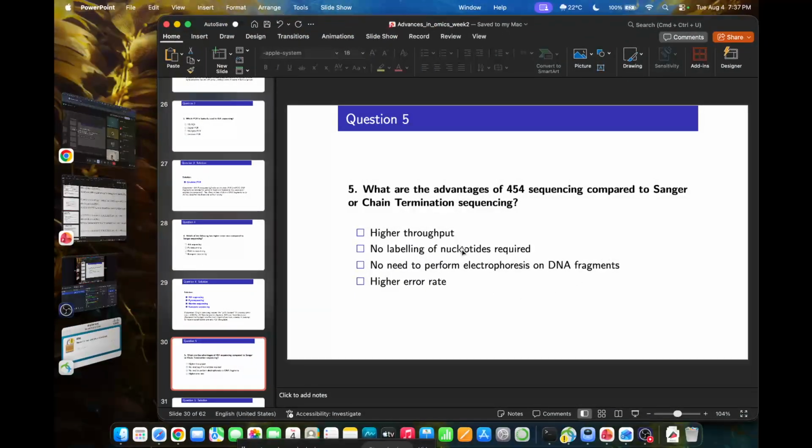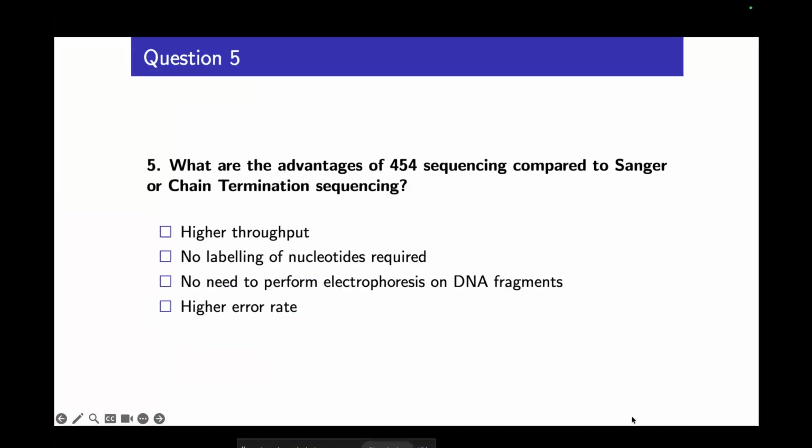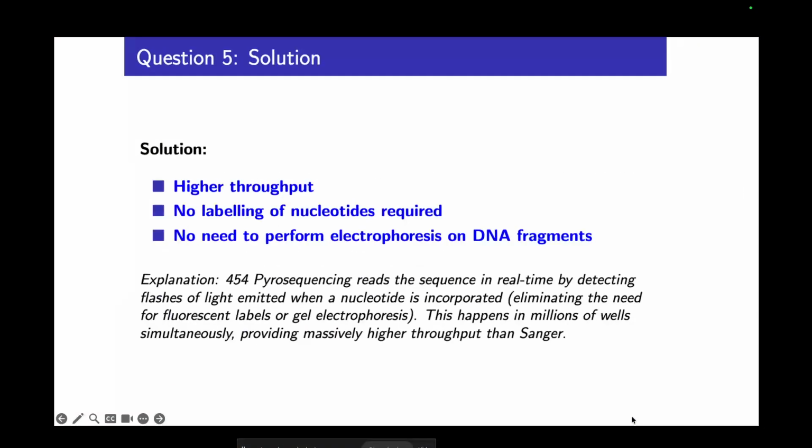Okay. So in this one, what are the advantages of 454 sequencing compared to Sanger or chain terminating? So obviously higher throughput than Sanger. No labeling of nucleotides is required because in 454 you are using pyrosequencing. There is the enzyme luciferase which will convert luciferin and give off light.